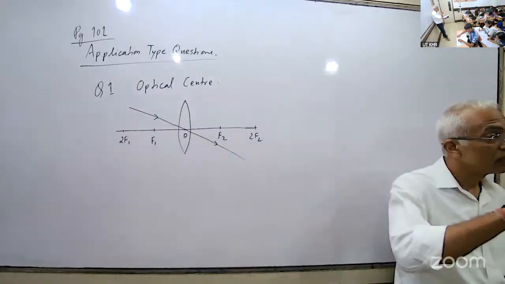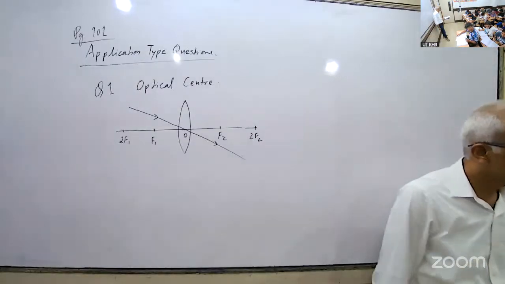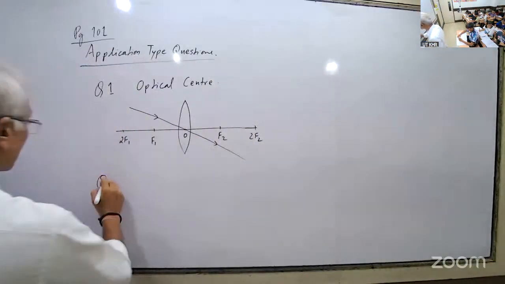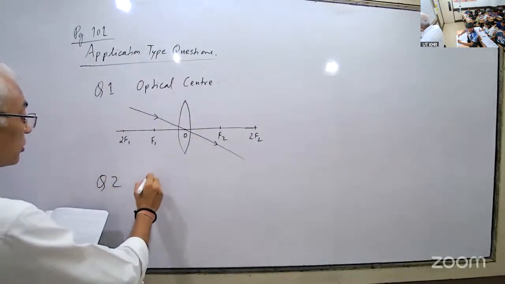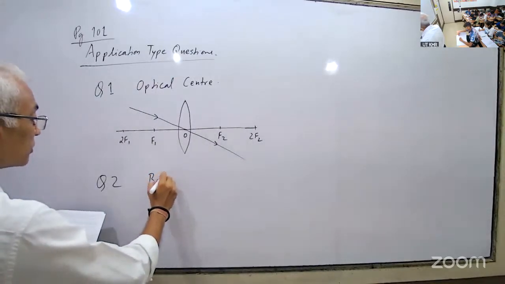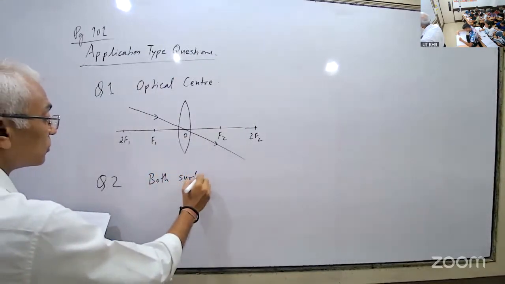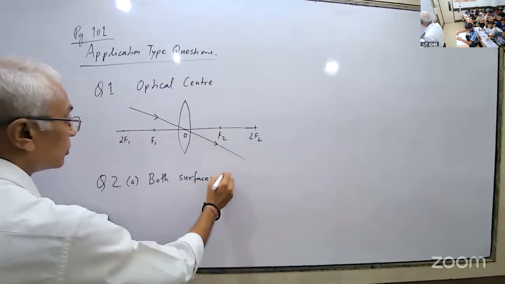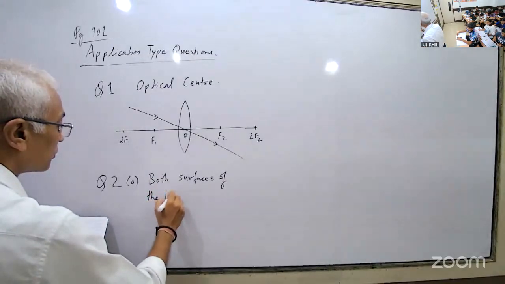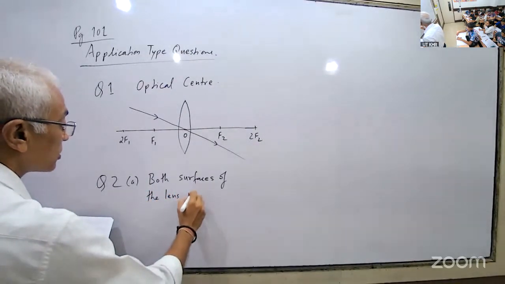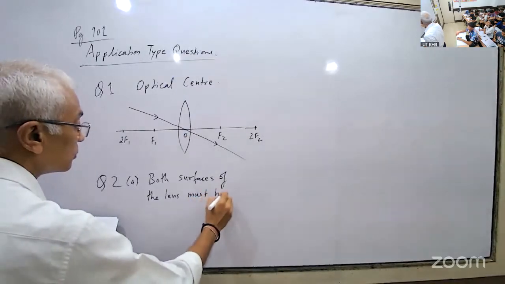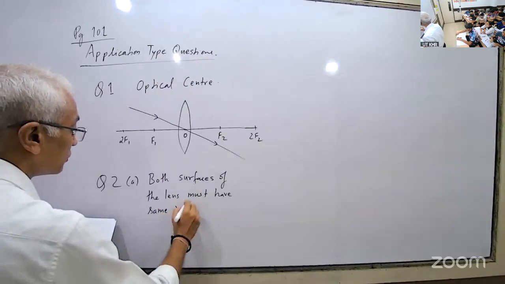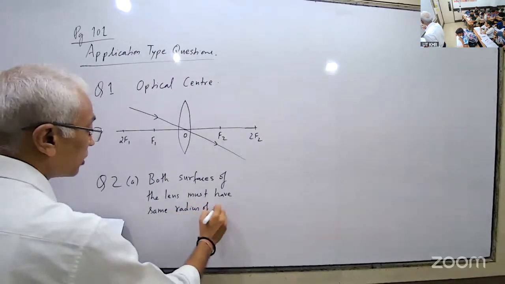Both spherical surfaces should have the same radius of curvature, right? What is the answer? Both surfaces of the lens must have the same radius of curvature.